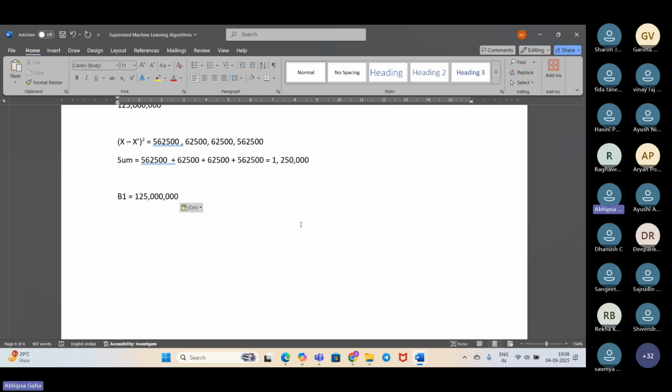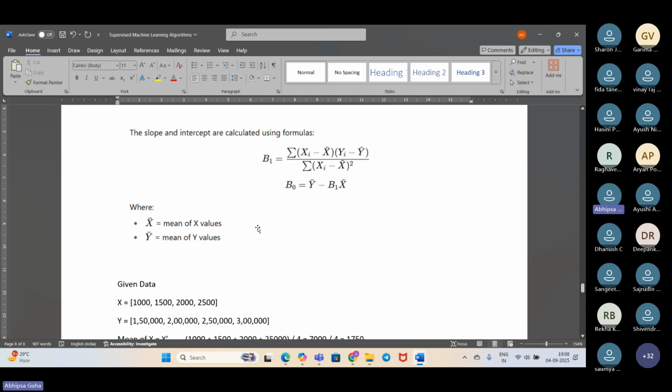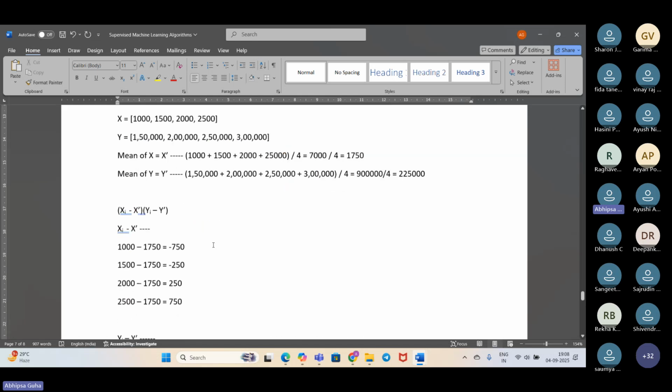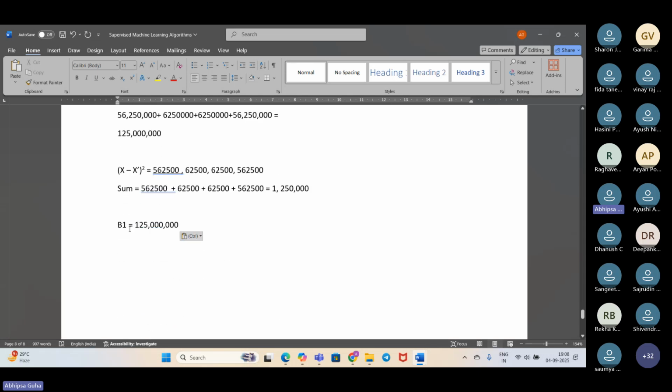Okay. So after adding, we got this value. So we have got the value for this, that is the value of xi minus the previous value, and the xi minus x bar value we have got this. So we'll be dividing it. Around 1250000, this we have actually got.